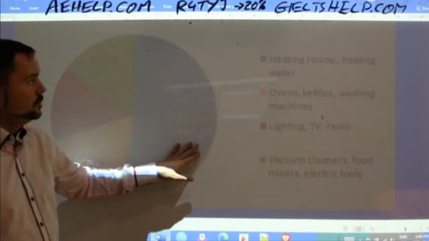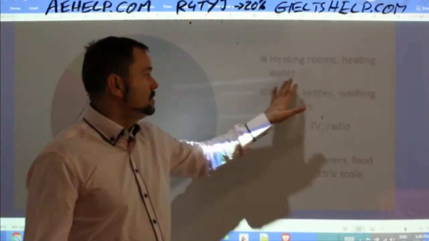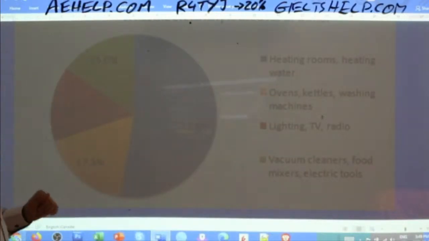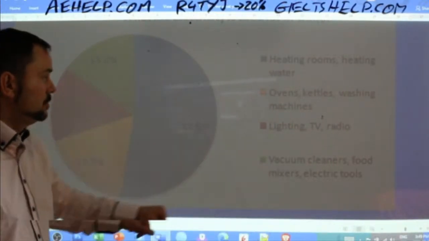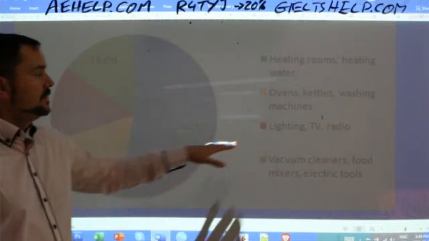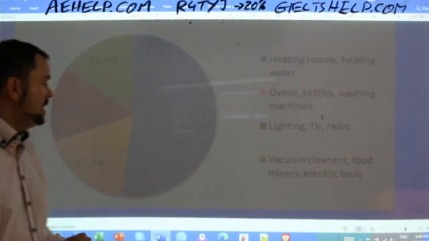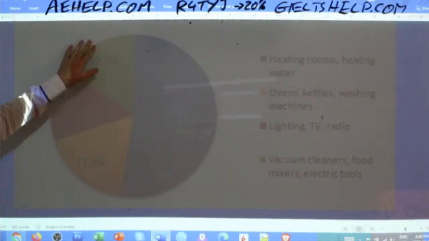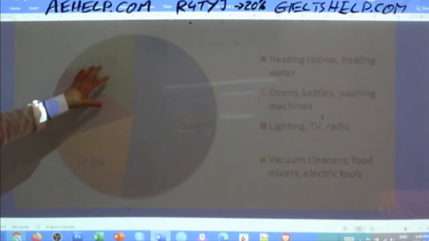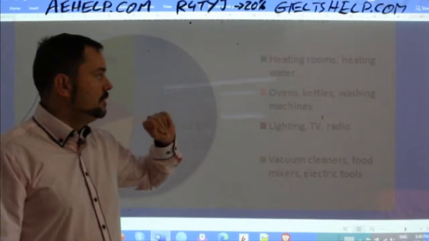That's 52.5% heating rooms and water. Now, I have 15% for vacuum cleaners, mixers, electrical tools, and another 15% for lighting, TV, and radio, making up a third of this pie with equal amounts of power used for these.